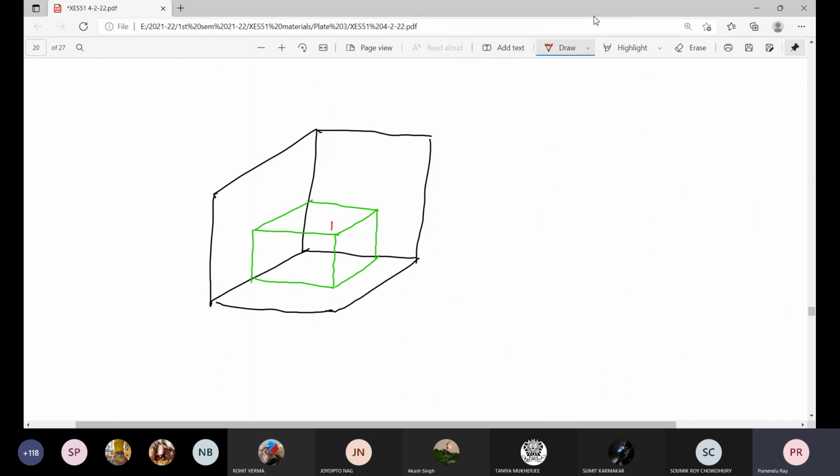Suppose this is the point B. Project on the horizontal plane, it will be the view from top.